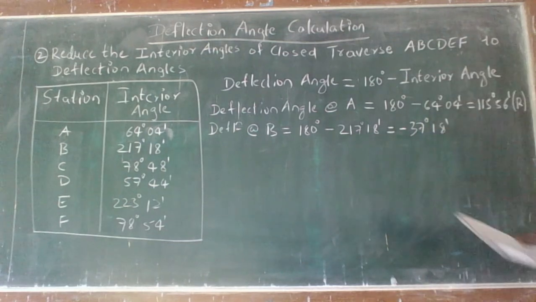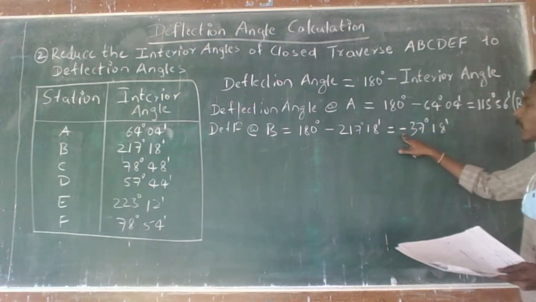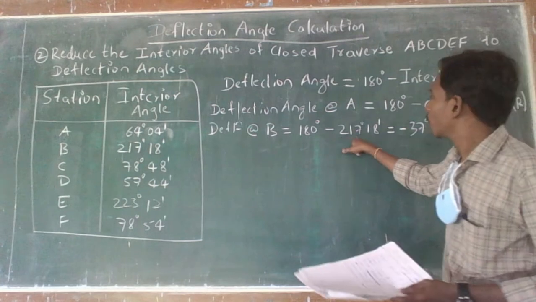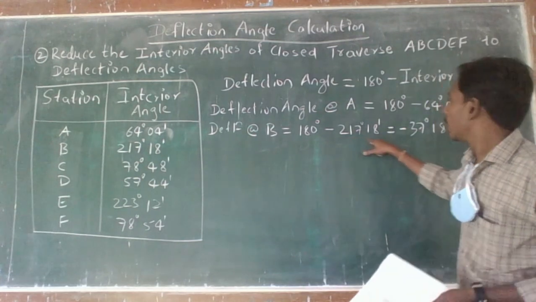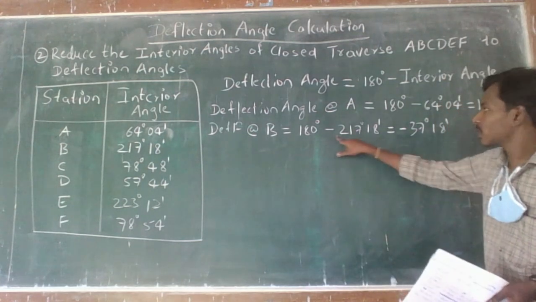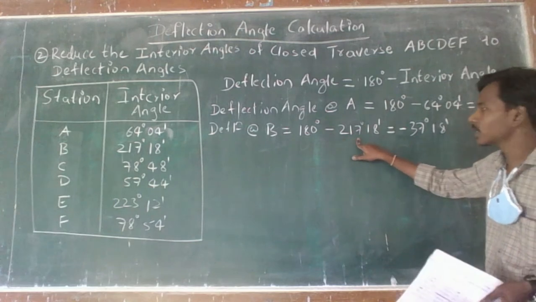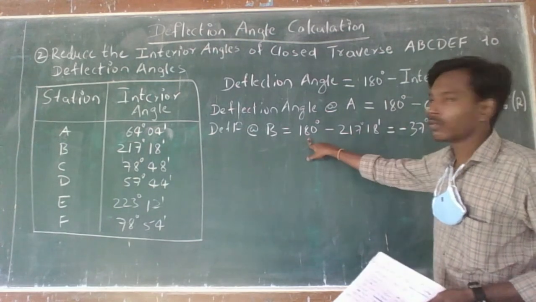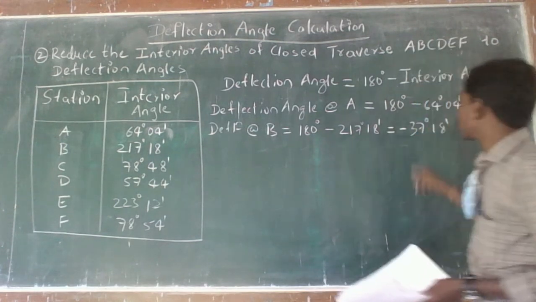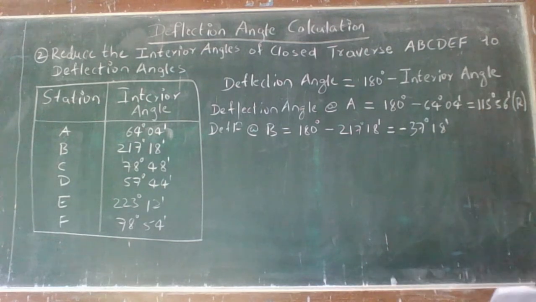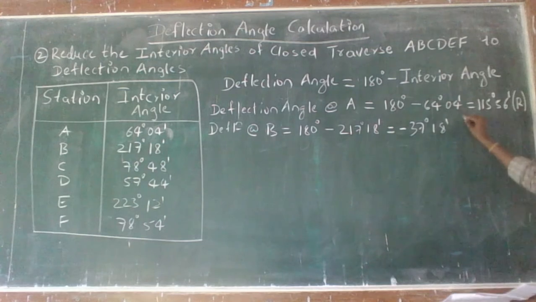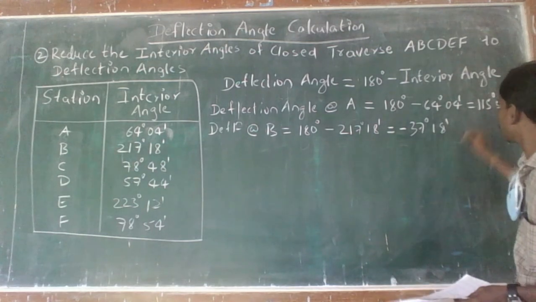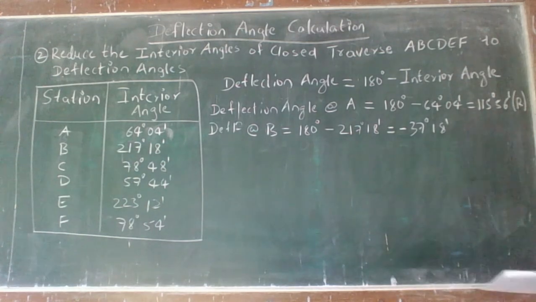So here the value is in minus because 217 degrees 18 minutes is larger than the value of 180 degrees. So the answer will be in minus. So here as the answer is in minus, the deflection angle is towards left side.